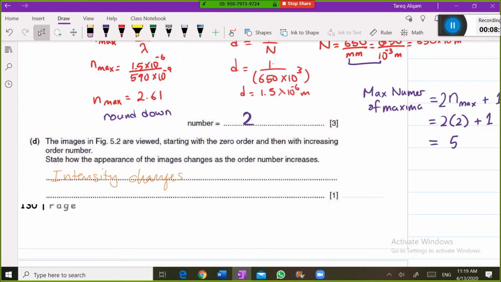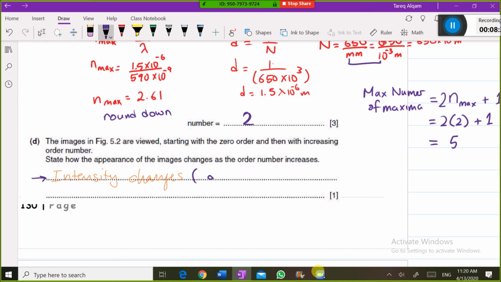The images in figure 5.2 are viewed starting with 0 order and then with increasing order. State how the appearance of images changes as the order number increases. Of course intensity changes, right?